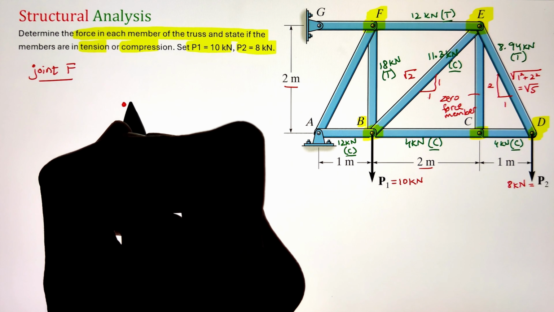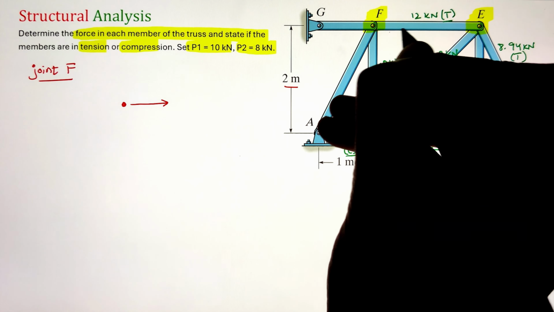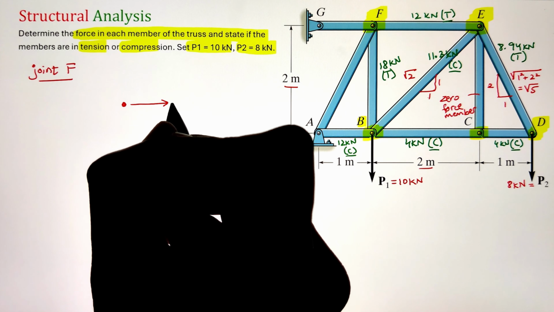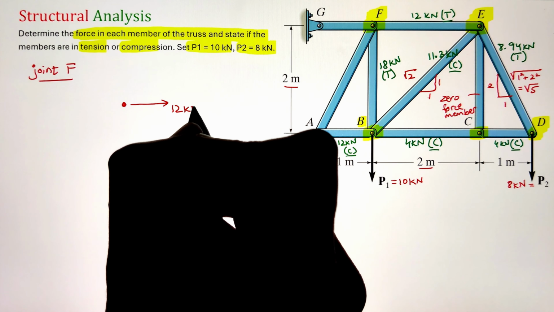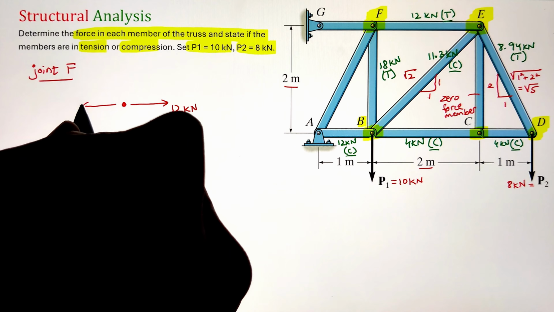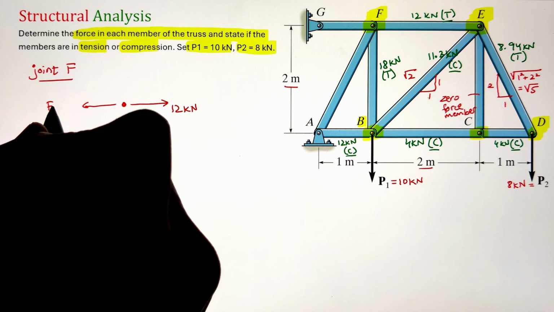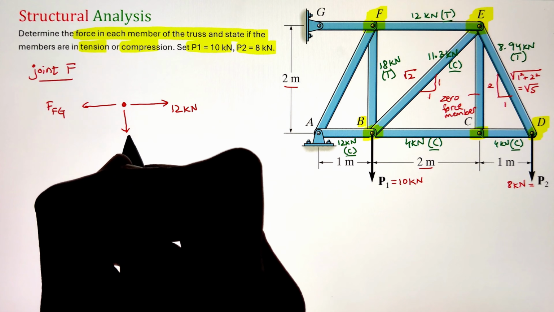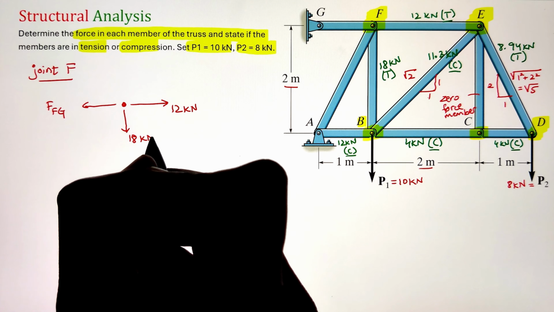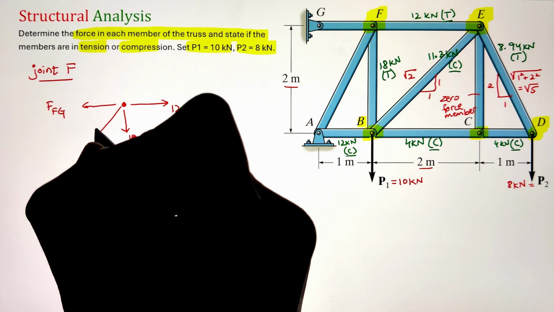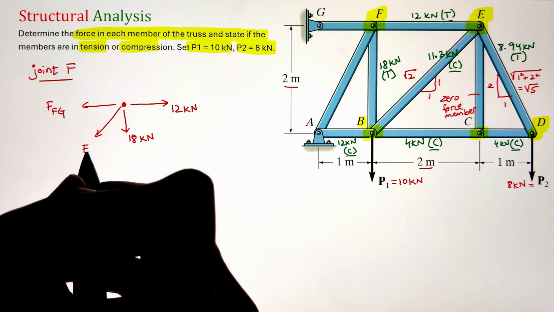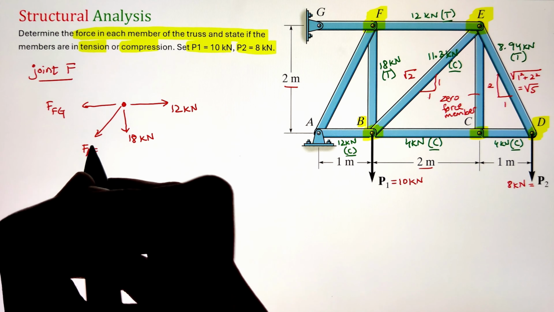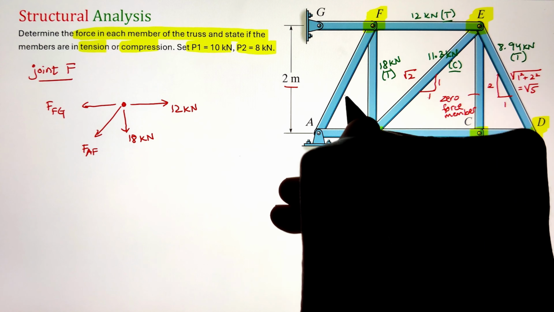Now, finally, let's move to our joint F and identify the force in the member GF and FA here. So, again, developing our free body diagram, the force in the member FE is 12 kilonewton in tension. That's why it's taken as positive, whereas the force in the member FG is unknown.